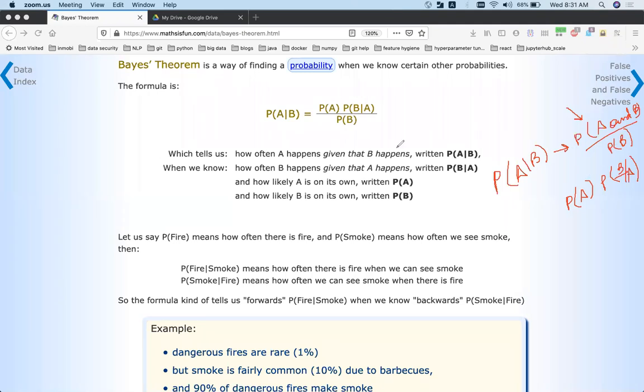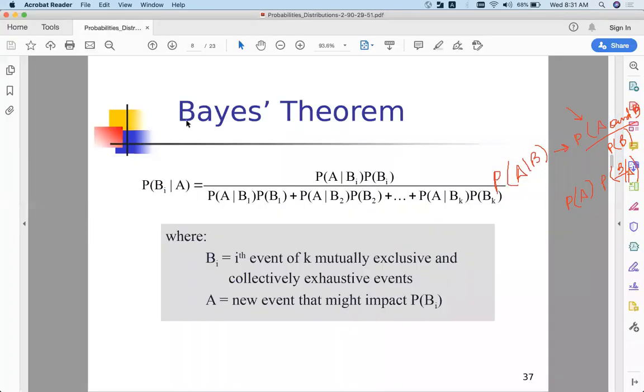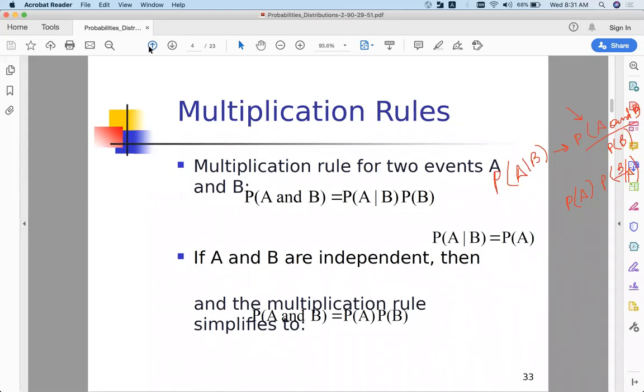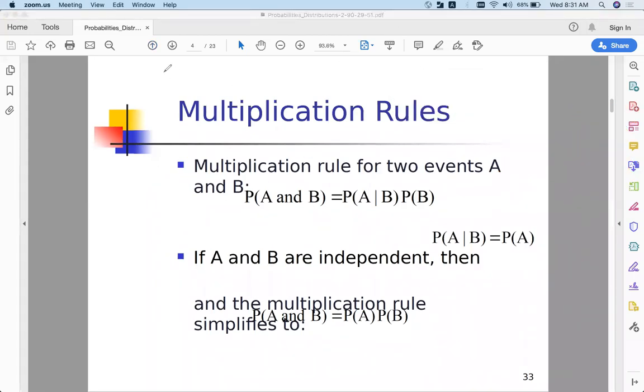As per the multiplication rule which we saw just now, let me start again. What did we learn here? The multiplication rule explains P of A and B can be written as P of A given B times P of B, correct?